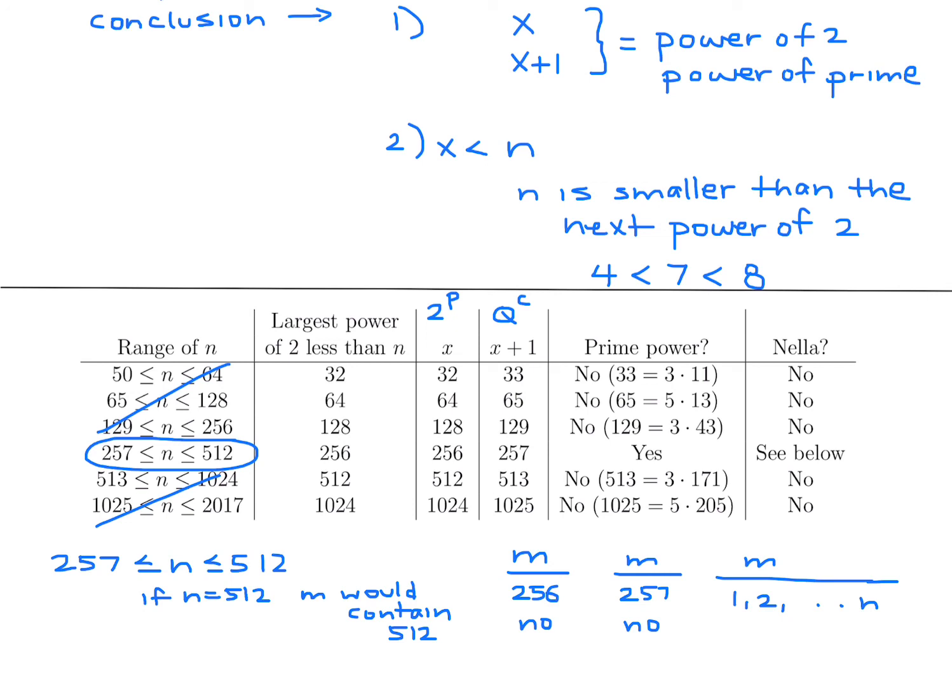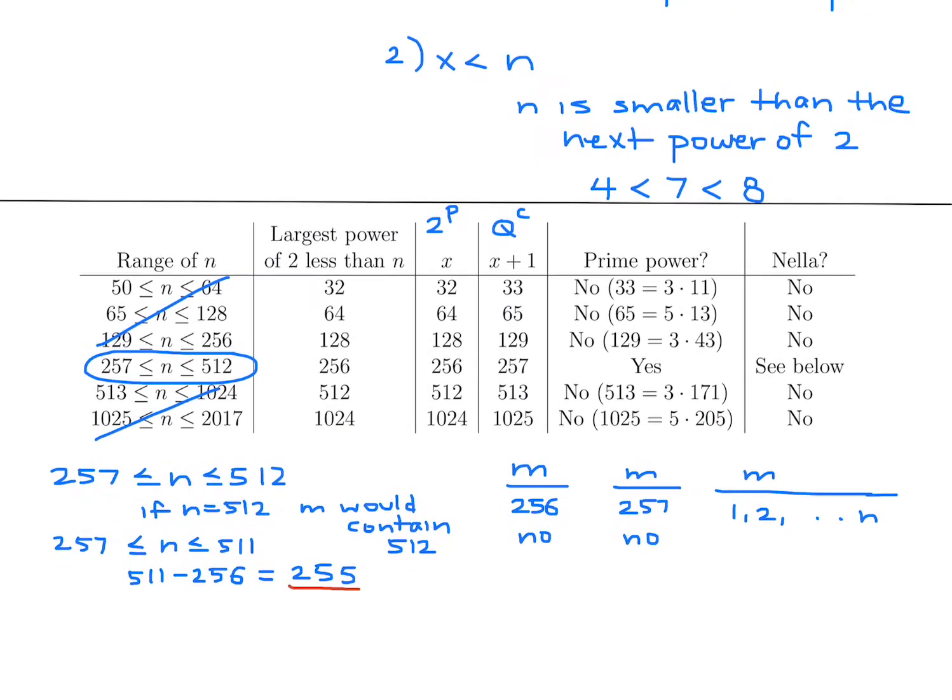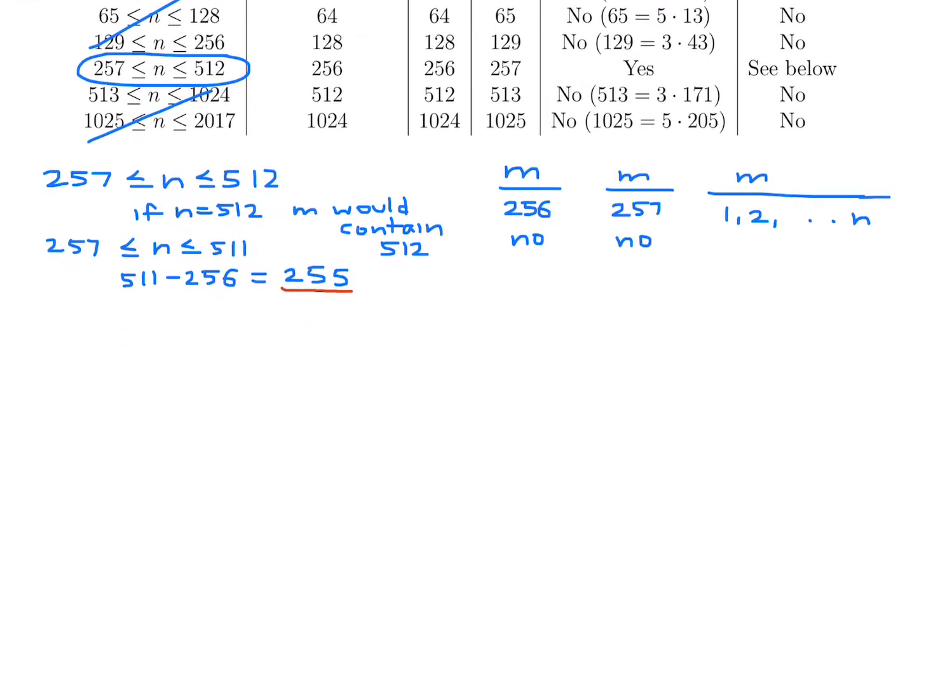So that one goes. And therefore, n is going to be between 511 and 257. Those are the only ones. So all these integers will be valid. So that's what, 511 minus 256. And that is equal to 255. So that is the first of the values.